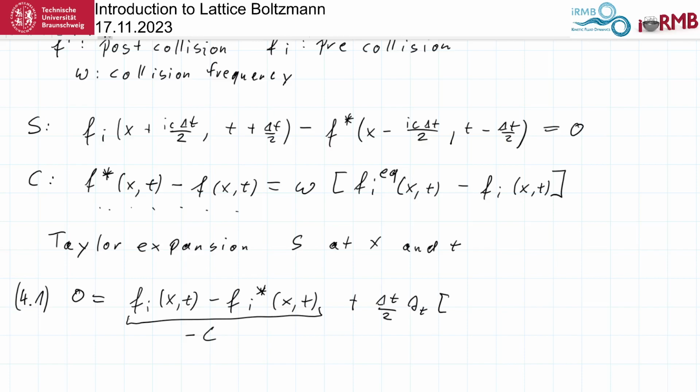dt fi x t, and now what happens is, because there is a minus in here and there is a minus in front of this, we'll come up with fi asterisk x and t. So with plus instead of the minus, then we'll have i delta t c.